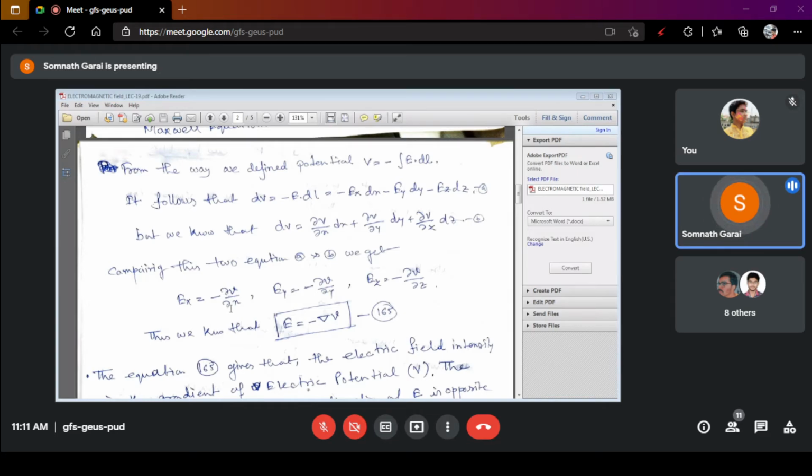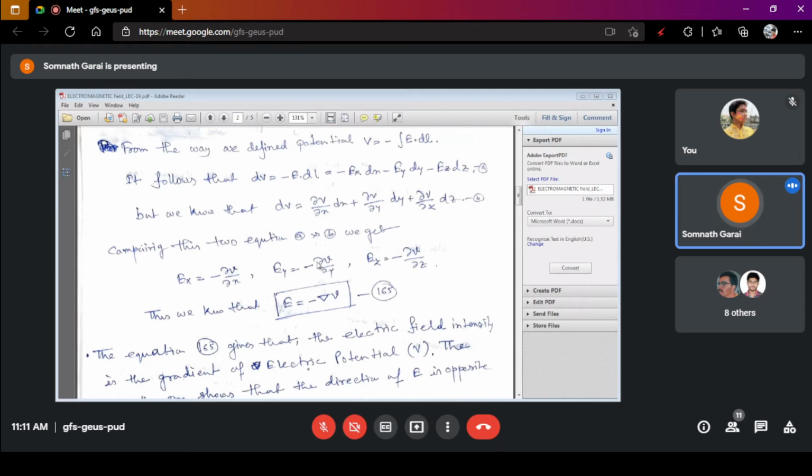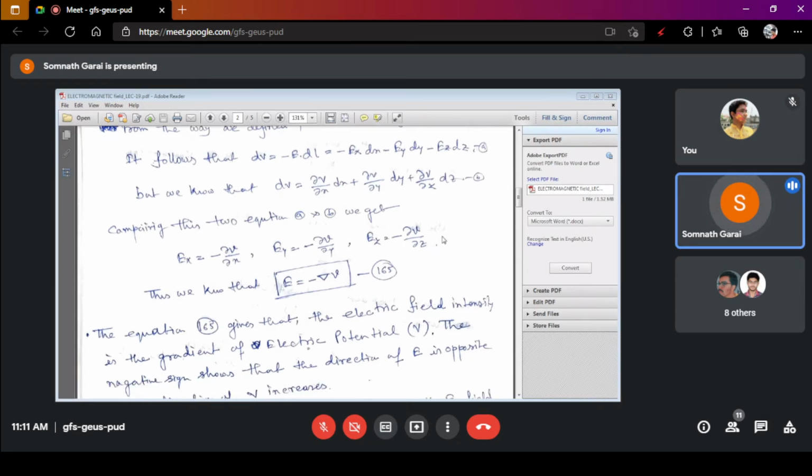Then Ey, the component of the electrostatic field in the y direction, is equal to minus del V by del y. And Ez, the component in the z direction, is equal to minus del V by del z.